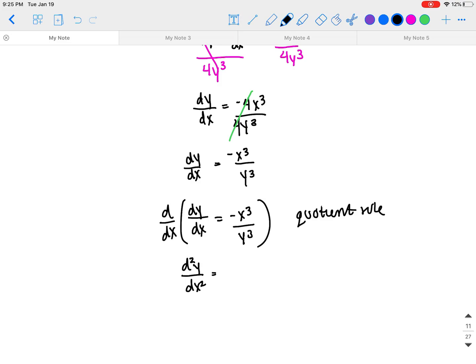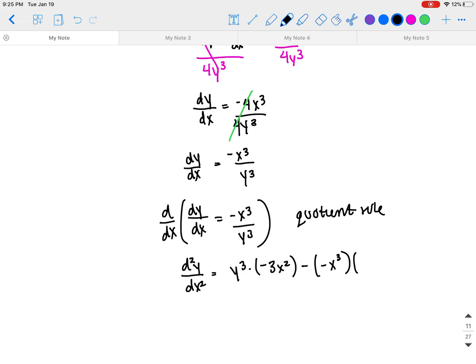Quotient rule: low d high minus high d low. So the derivative of negative x cubed with respect to x is going to be negative 3x squared. Low d high minus, use those parentheses, negative x cubed.